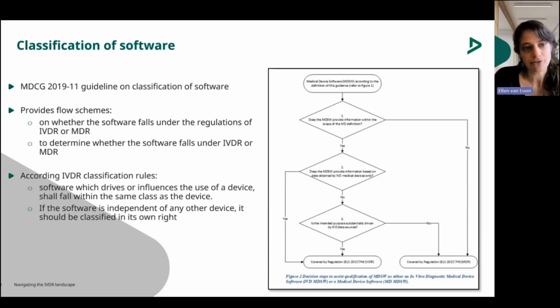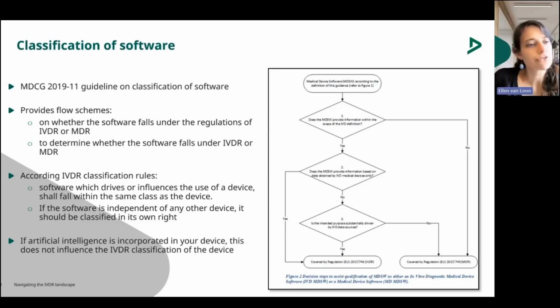According to IVDR classification rules, if we look at that, then the software which drives or influences the use of a device shall fall within the same class of the device. However, if the software is independent of any device, then it should be classified in its own right. Also good to realize, if you have artificial intelligence incorporated in your device, this does not influence the IVDR classification of the device.